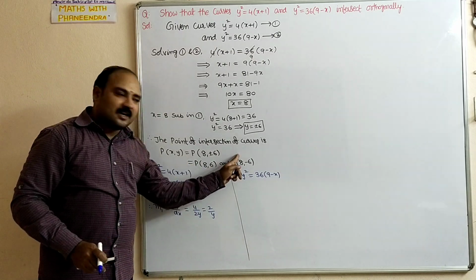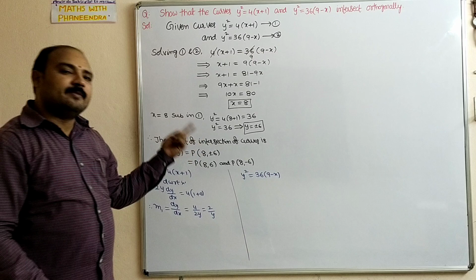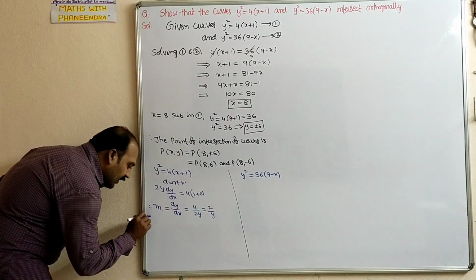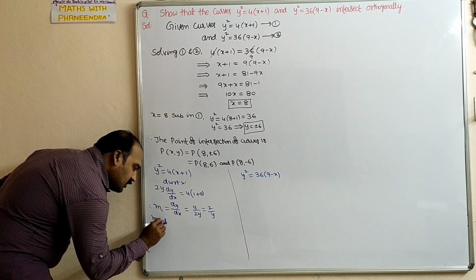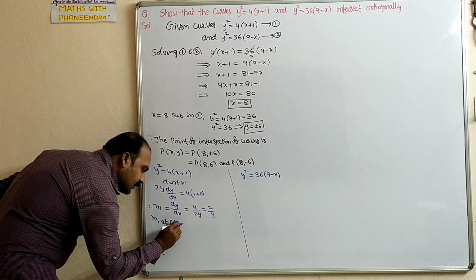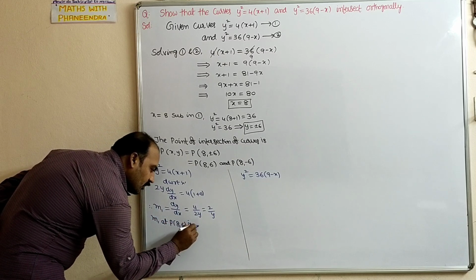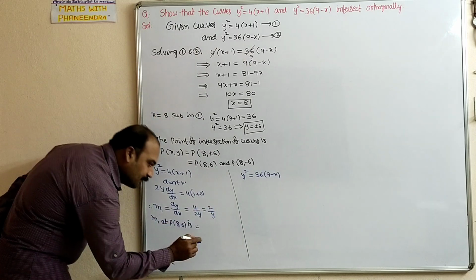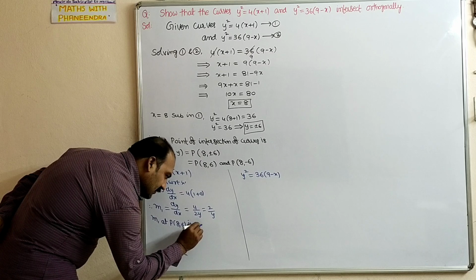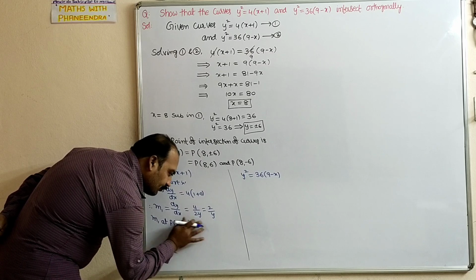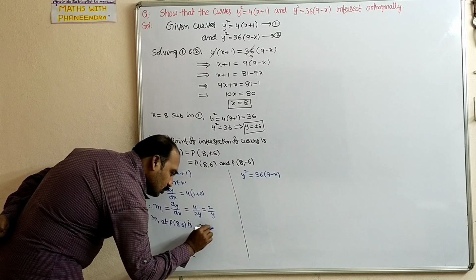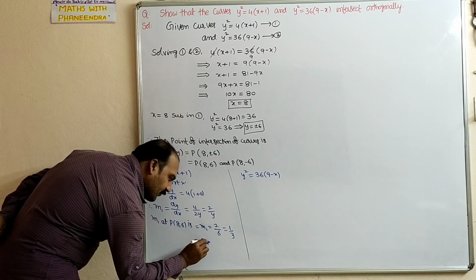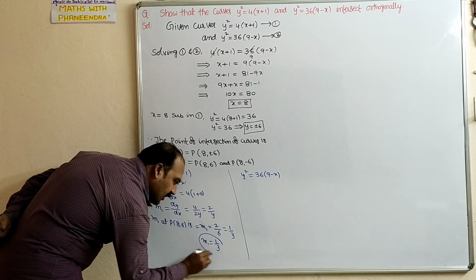Here 2 points are there now. Any one of the points you can take, similarly you can write the other. I am taking the first point, m1 at P(8, 6): in place of 2 by y, wherever y is there you have to replace with 6. So m1 equal to 2 by 6, which is equal to 1 by 3. Therefore, slope of the first curve m1 equal to 1 by 3.